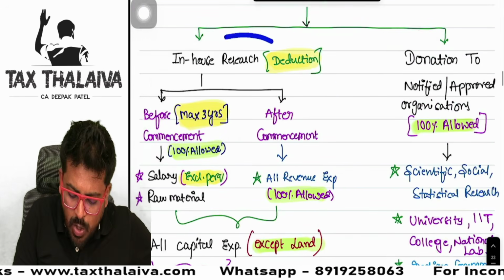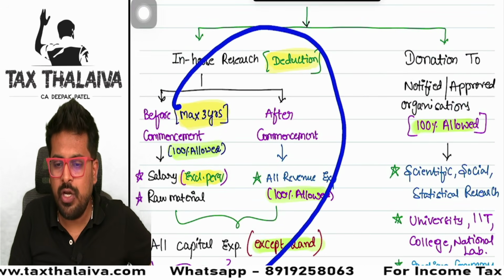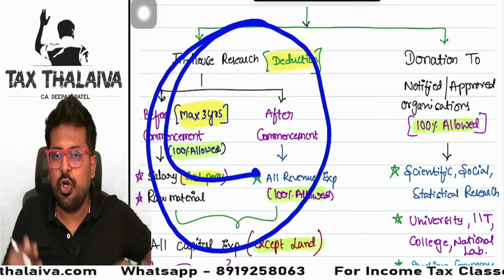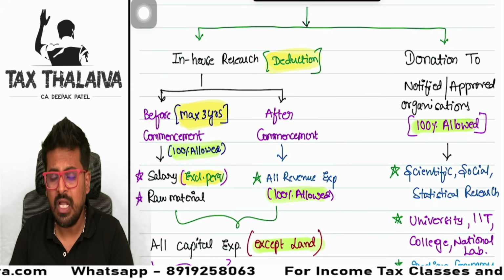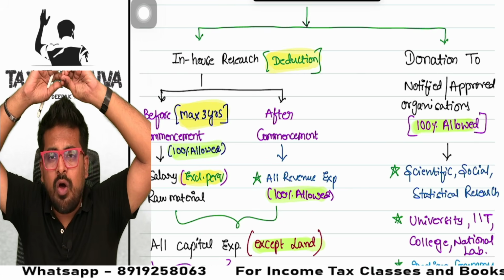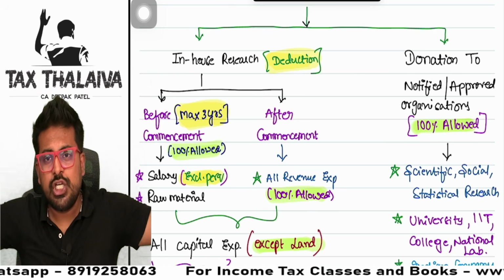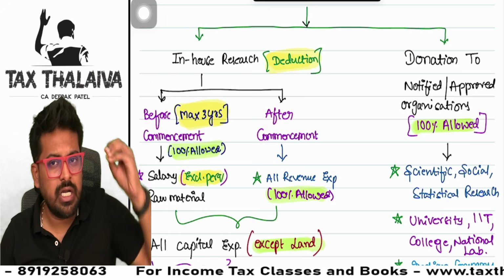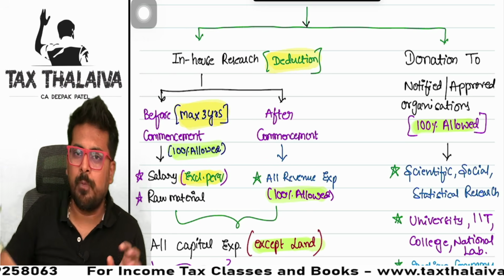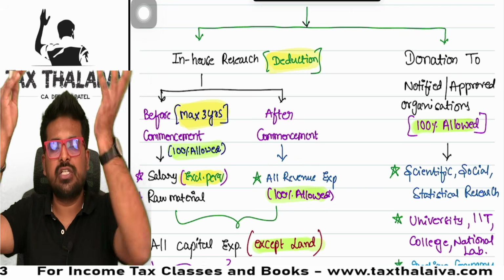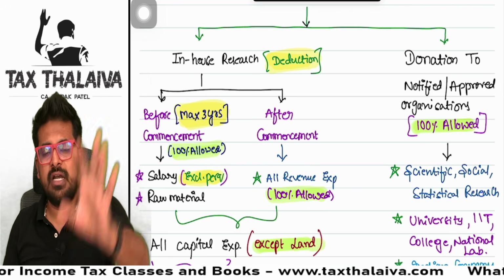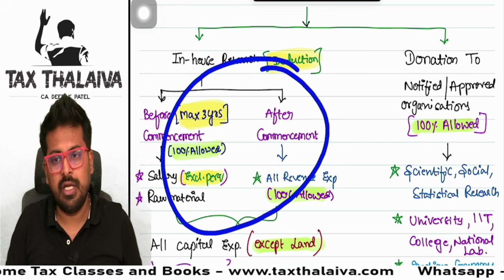Guys, mind you, whenever you do in-house research in your own business, irrespective of whether you are paying tax under the default tax regime or the optional tax regime, under both tax regimes you are eligible for the 100% expenditures mentioned here.